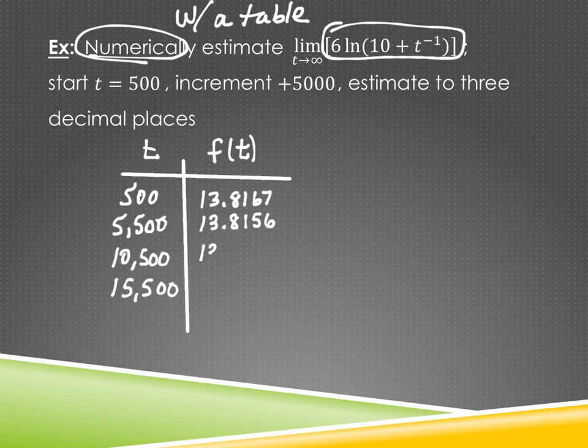The next one says 13.815, and if it's rounded, it'll be a 6, right? I'm not sure if you guys are seeing it from your screen or not. I'll put it back on here in a minute. The next one is 13.8155.